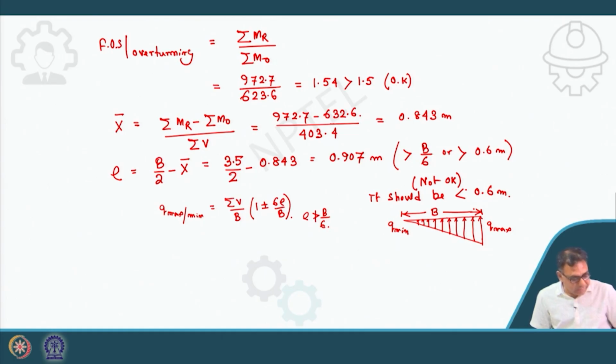So, now we will take our new dimension. Let us quickly do the same problem with a new dimension. In the second trial, I have taken a dimension where B is 5 meter and the top portion is 3 meter, and the rest of the things are the same.